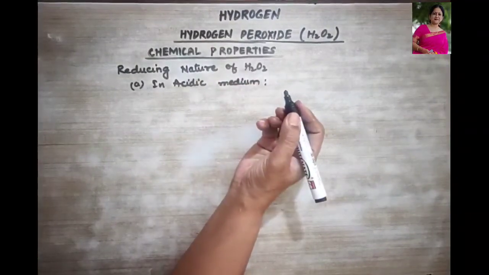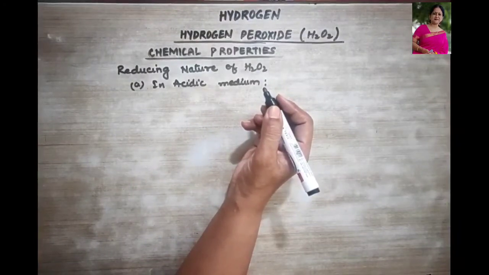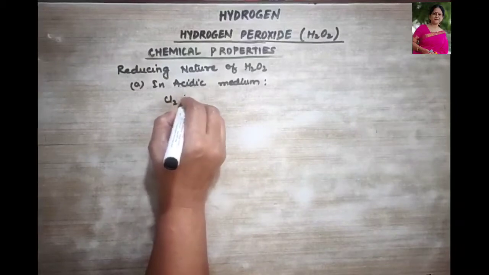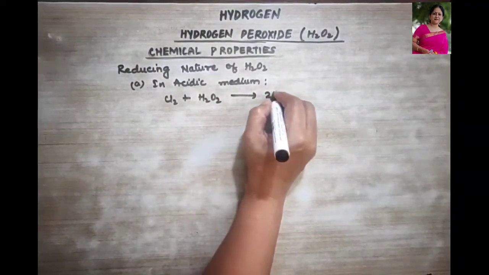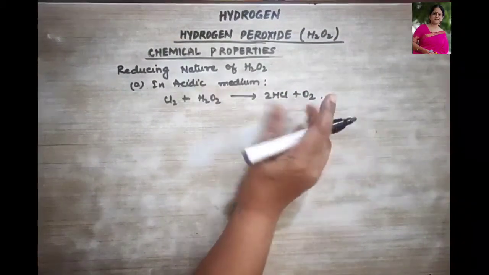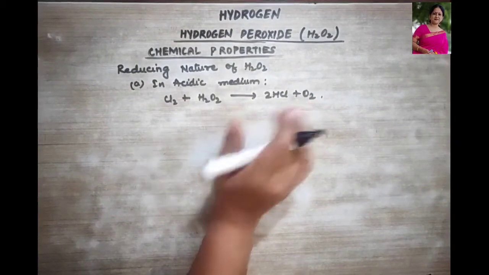Few examples that you can remember over here could be chlorine. When treated with hydrogen peroxide, it is going to form HCl plus O2. Okay, so this is one example which you need to remember.